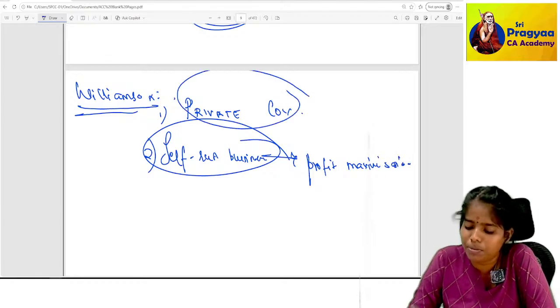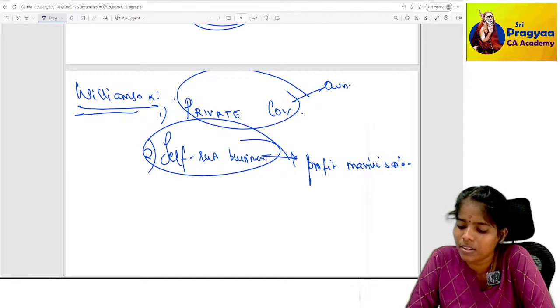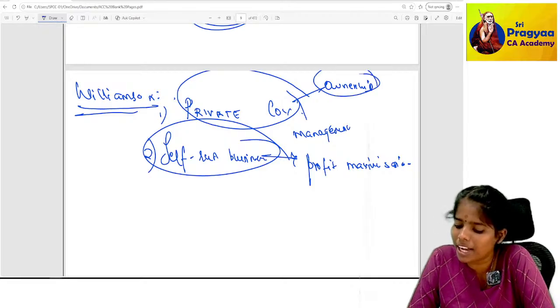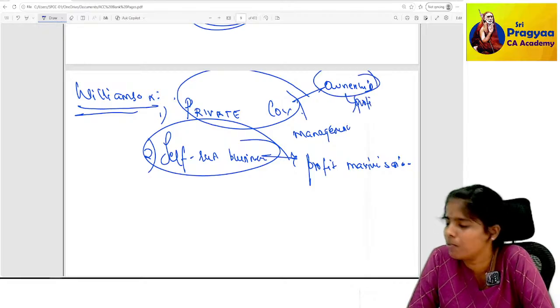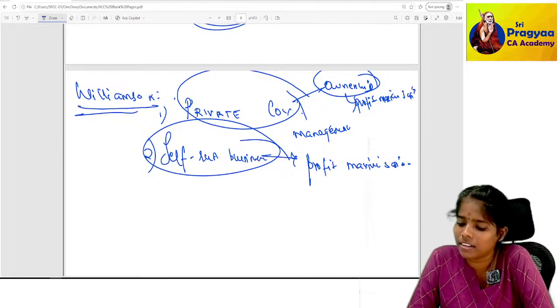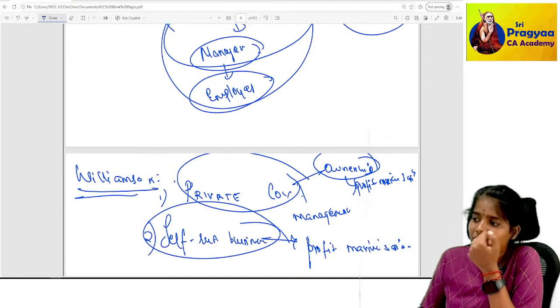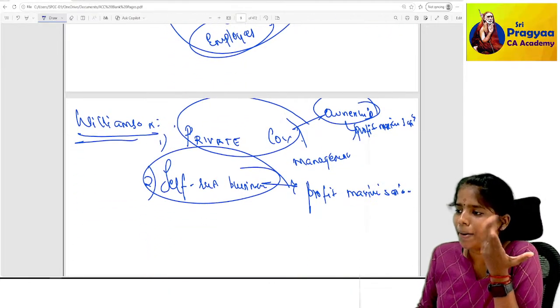Under a private company, ownership is different, management is different. In that case, owners want to maximize profit. For owners, profit is what matters. Profit maximization is their only motive. But as I already told, decision making power is at the discretion of managers.